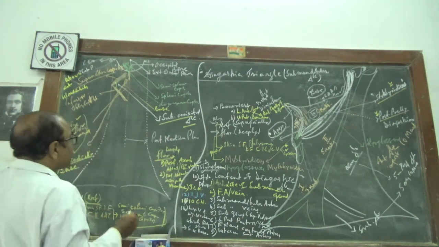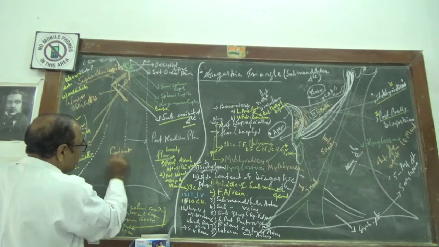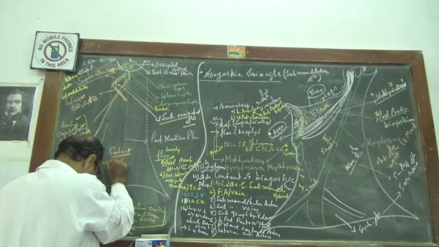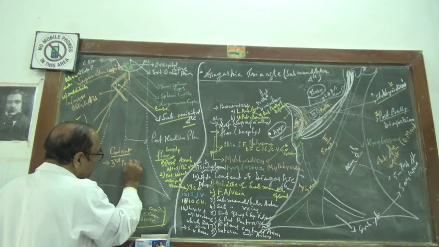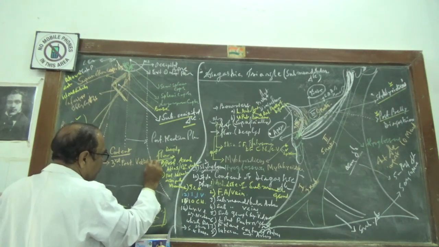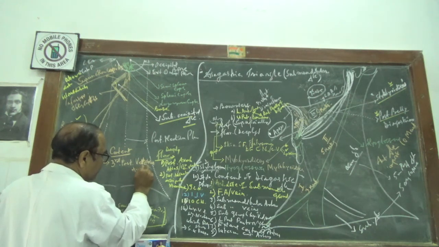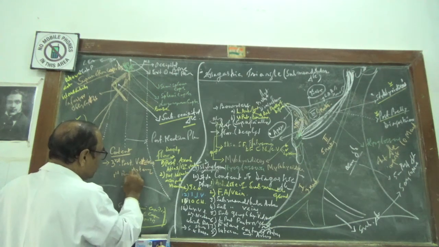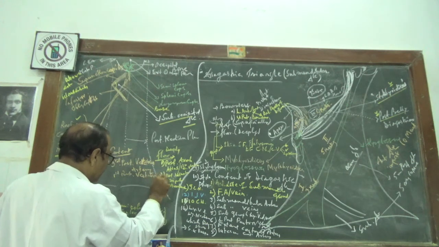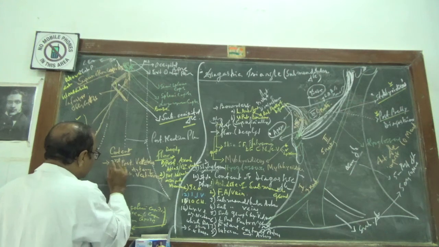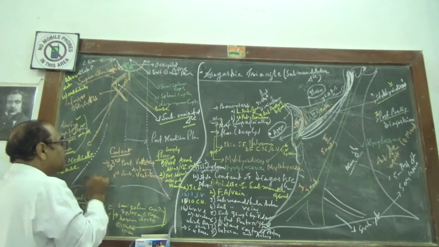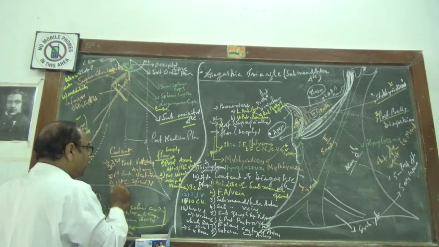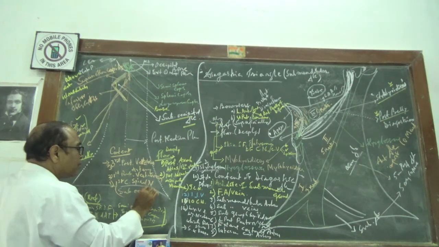Now what are the contents? The contents are the third part of the vertebral artery, the first part of the vertebral vein, and third, the first cervical spinal nerve, which may be called the suboccipital nerve.